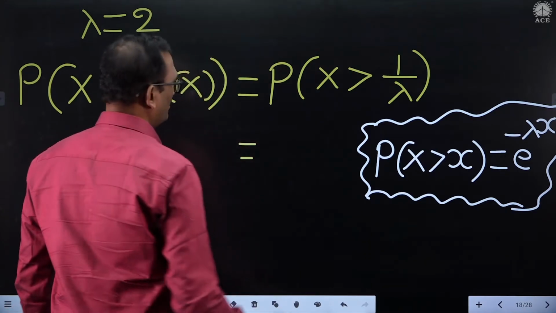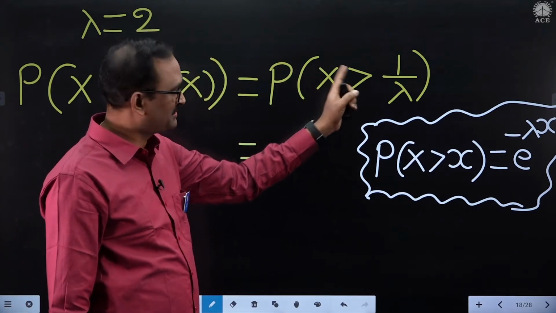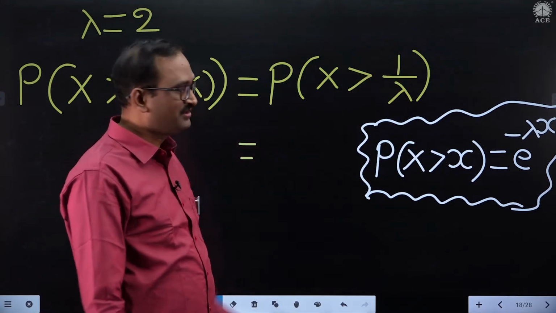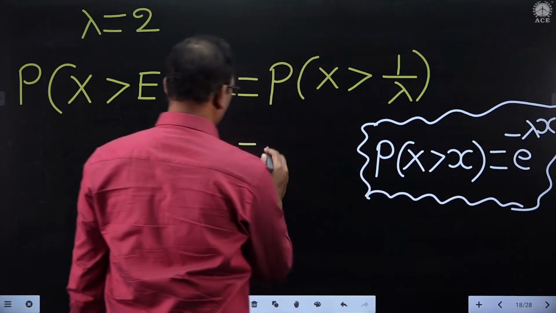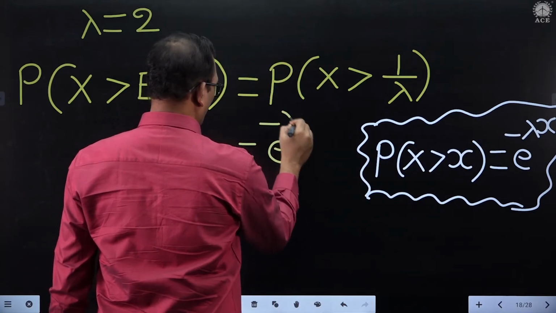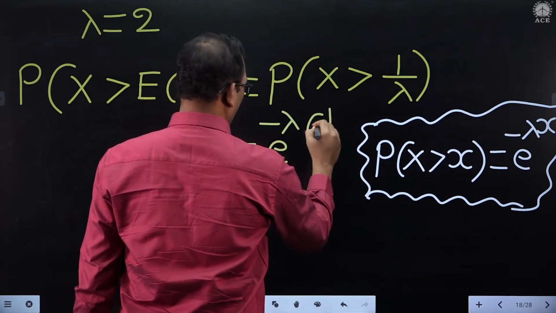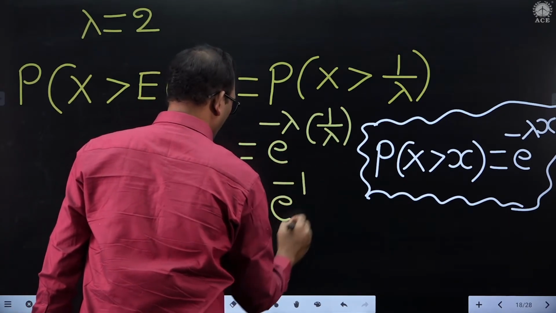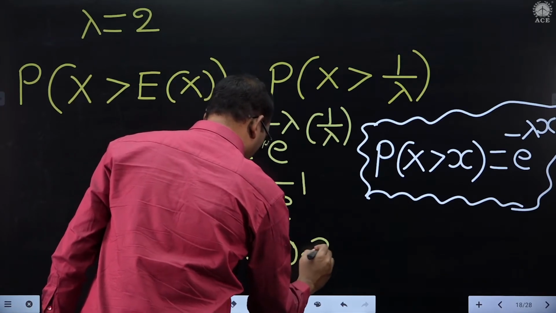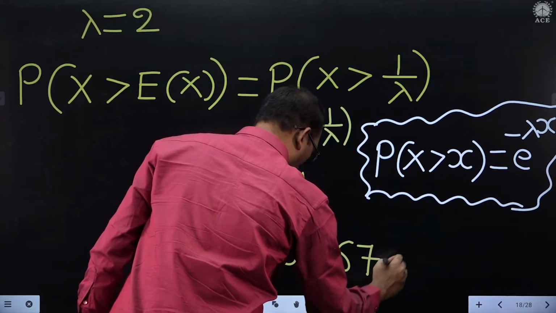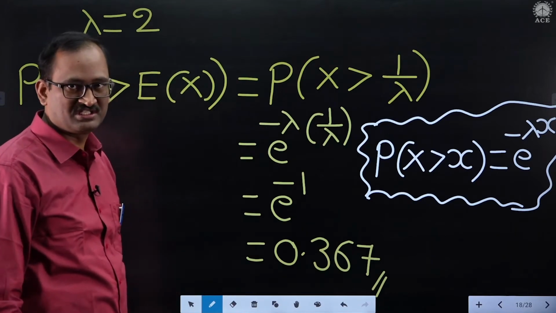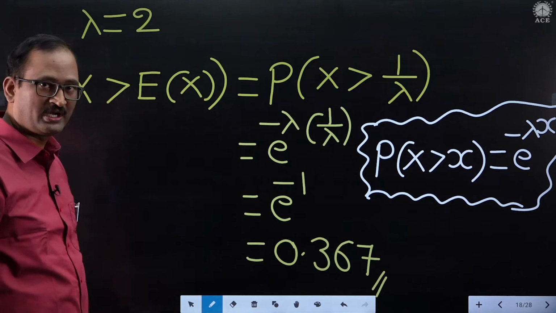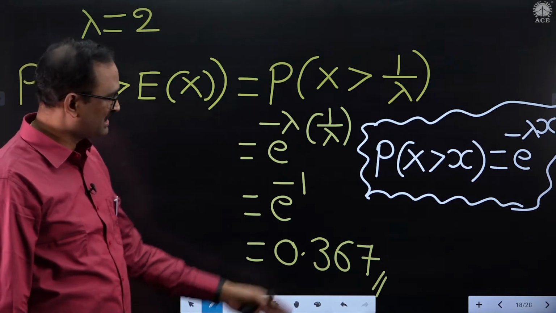This is equal to P of capital X greater than small x. In place of small x, we need to write 1 by lambda. So e power minus lambda into 1 by lambda is e to the power of minus 1, that is 0.367 approximately, or 0.368.